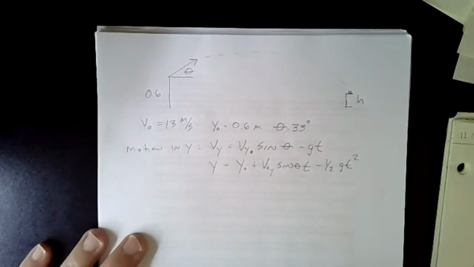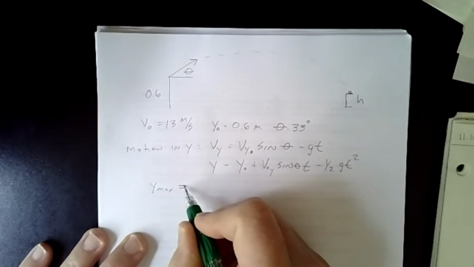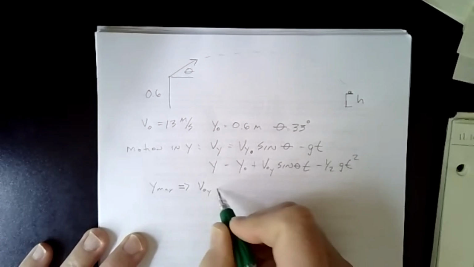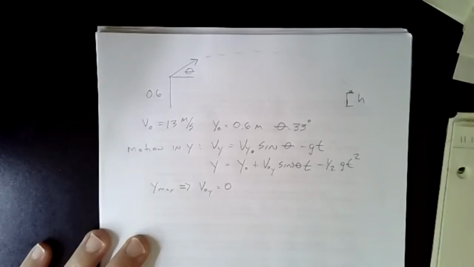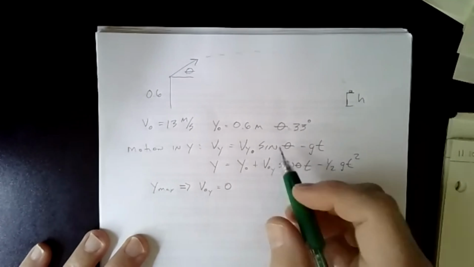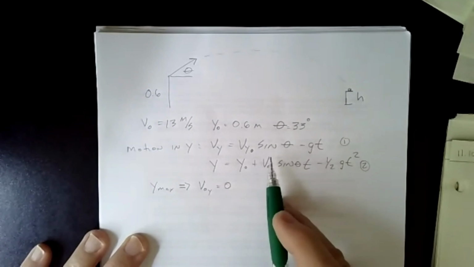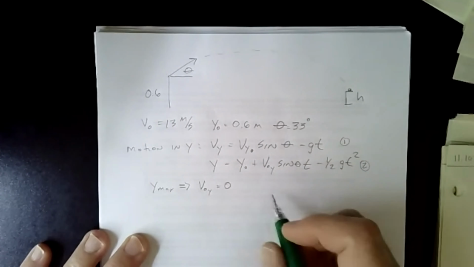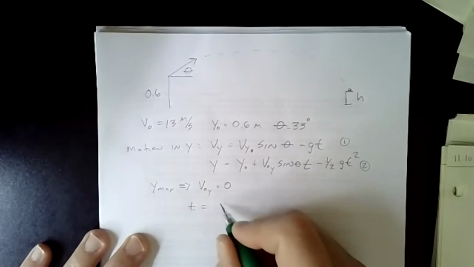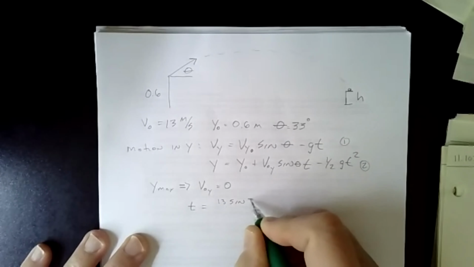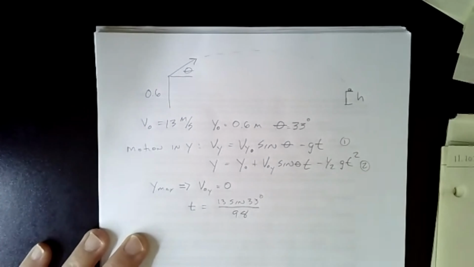Okay, so we know that when we reach y max, the maximum height, that means that the velocity in the y is equal to 0. So if we call the first one equation 1 and the second equation 2, and we set the velocity to be 0, then we know that t is going to equal 13 sine 33 over 9.8.